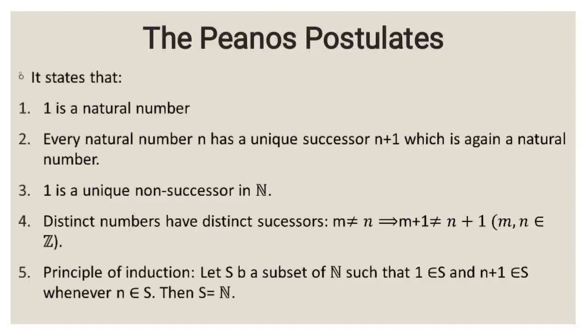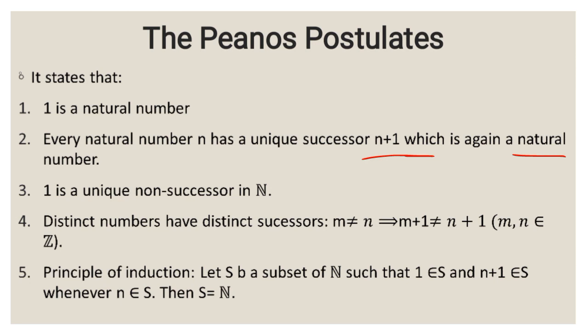What then is Peano's postulate? Basically, it states that 1 is a natural number. Second, every natural number n has a unique successor n plus 1, which is again a natural number.